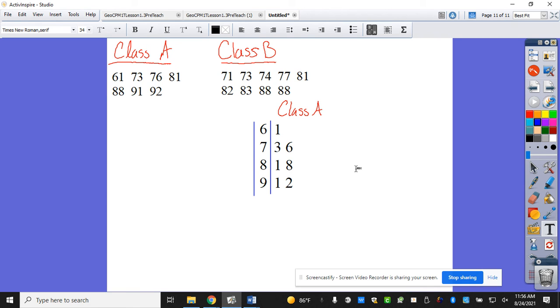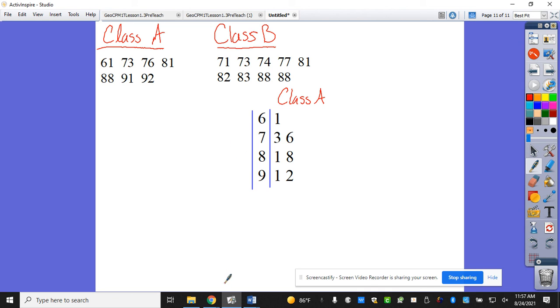What is my first number in order going to be for class B? 71. Where should the 1 go? Closest to there, because it is closest to the number. So you actually read right to left on that side.